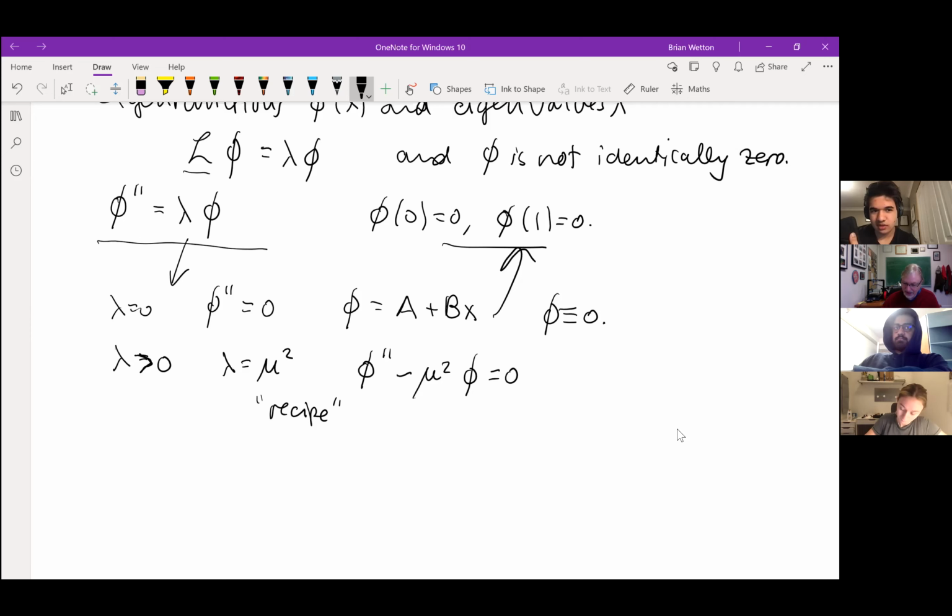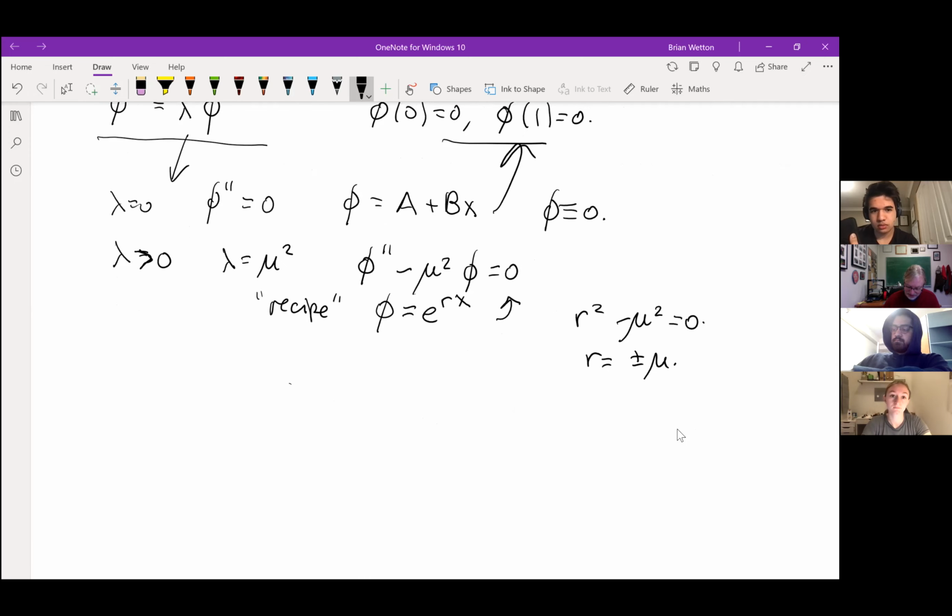The recipe says you look for solutions of the form e to the r x. And if you plug that in there, you get r squared minus mu squared is 0. It's a quadratic equation. Of course, there's two roots. Here, these roots are easy to find. They're plus or minus mu.